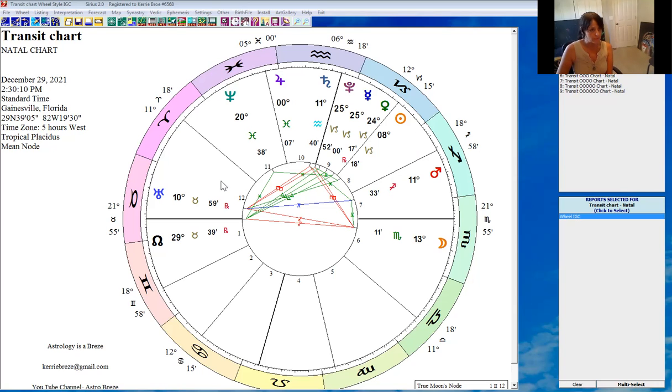Okay. December 29th next year, a year from now, the stuff is pretty much opened up, but these planets close to the sun, the sun is going to be in Capricorn, Mercury is going to be in Capricorn, Venus is close here. Venus is always within a few planets either side of it.